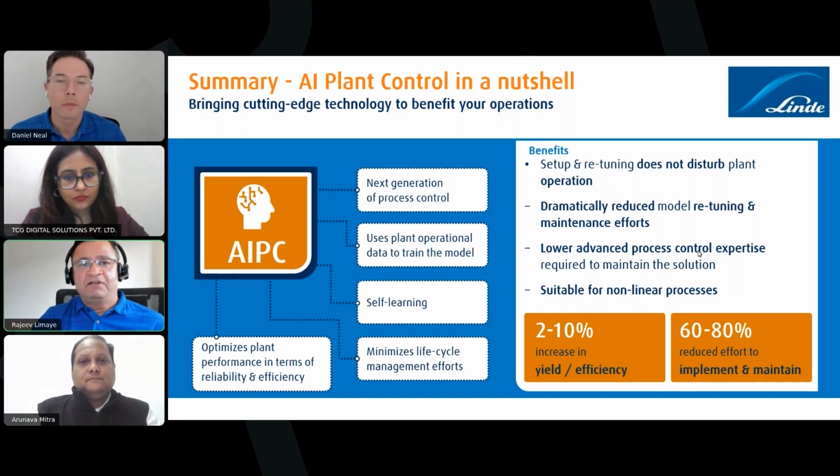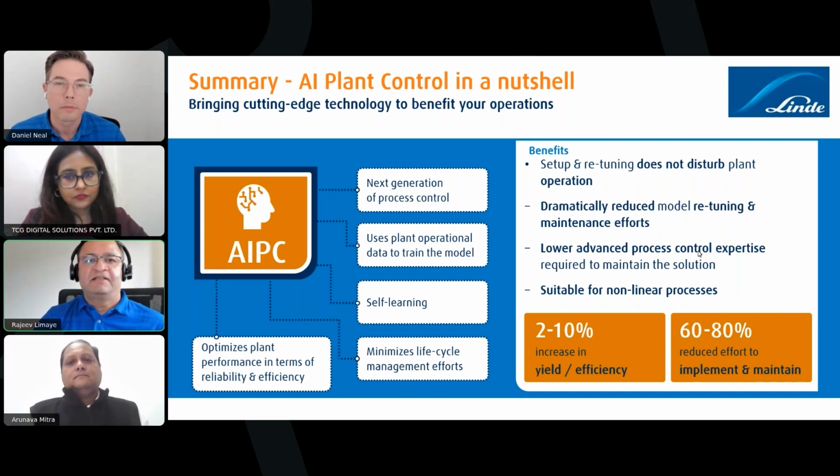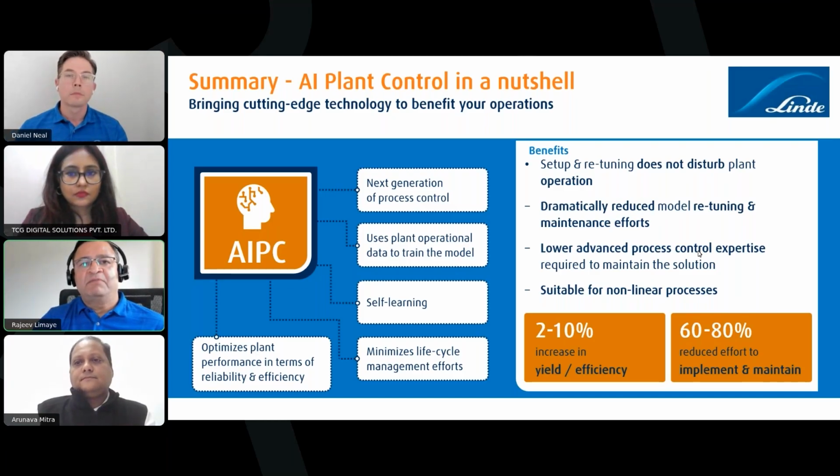So you can enter the costs of different streams and products, and enter the objective function, and AIPC will try to optimize based on your function, and calculate the optimum set point, send it to the DCS, and that's how we achieve the optimized control of your plant.